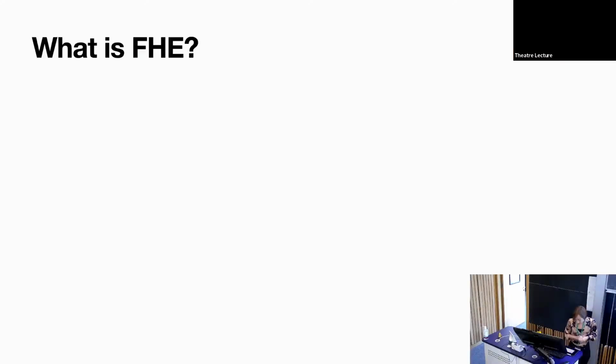Okay, so what is FHE? FHE stands, of course, for fully homomorphic encryption. And it's a family of encryption schemes that, like classical encryption schemes, allow you to encrypt messages and decrypt messages. So in my slides, encryption is going to be noted or visualized as these boxes, or sometimes a lock on the bottom or a secret key explicitly written.